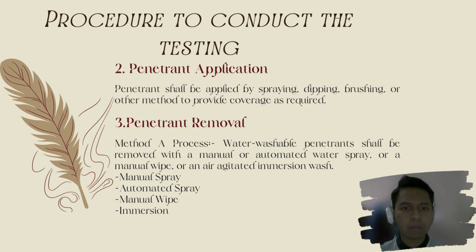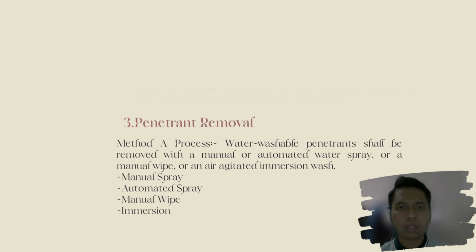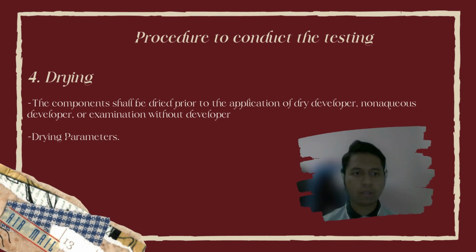Water washable penetrant should be removed with a manual or automatic water spray, or a manual wipe, or an agitated immersion wash. Next, the fourth step is drying. The component should be dried prior to the application of dry developer, known as waste developer, or examination without developer.